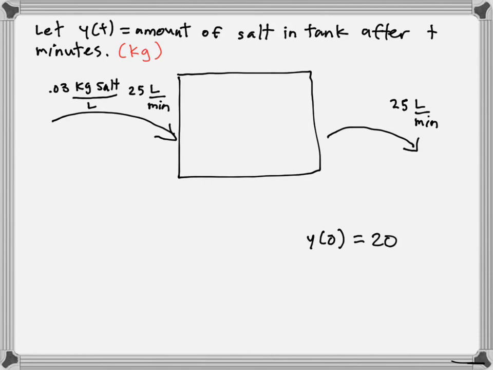Now, right here, this is the concentration coming in. But we are not given the concentration coming out, and that is the tricky part here. The thing to notice is that the concentration coming out is changing at all times, and this is why we are going to need a differential equation.